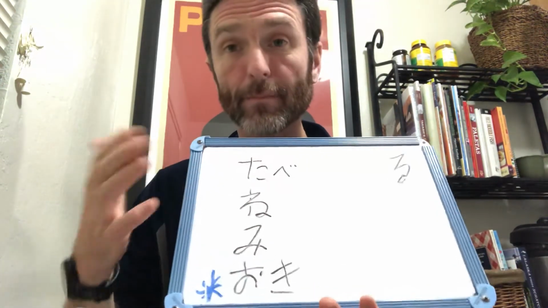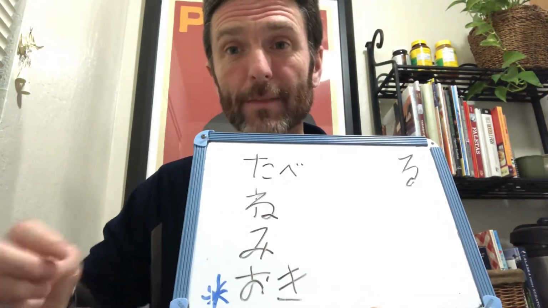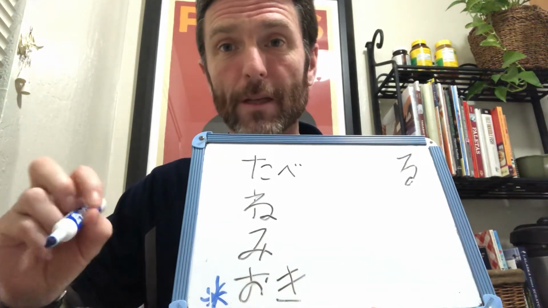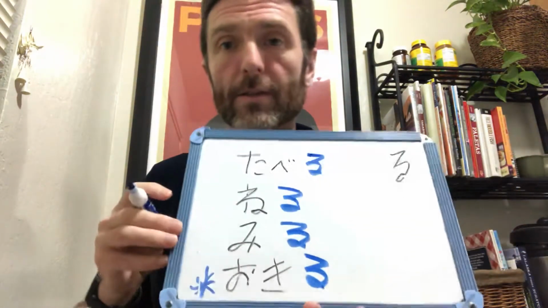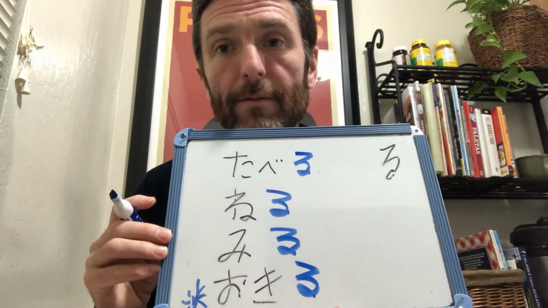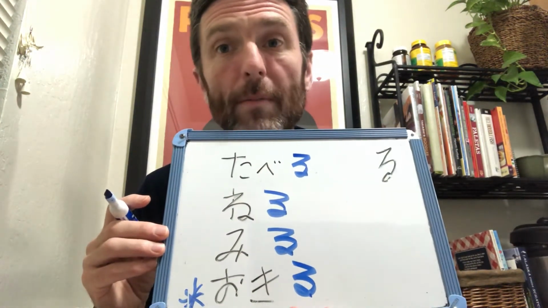But the way that we change it into this short form, since it's a ru verb, you just add ru. So, taberu, neru, miru, okiru. And so, instead of saying, terebi o mimasu ka?